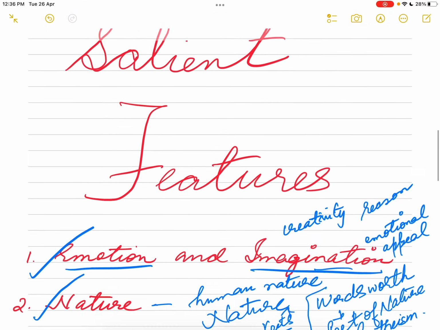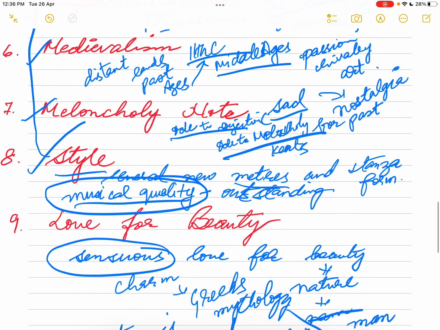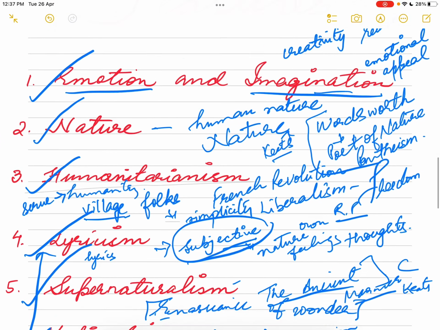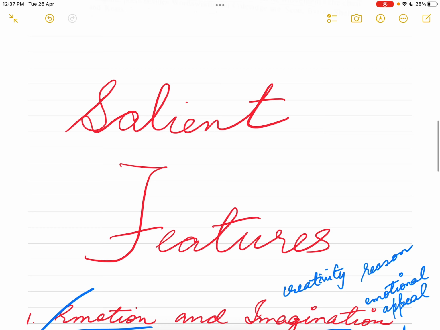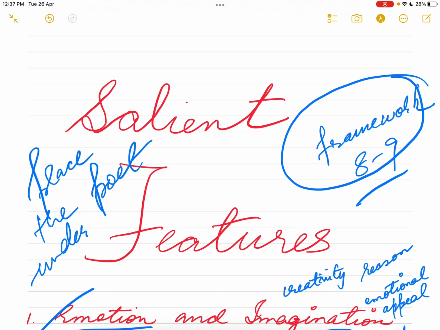Now, these 8 points, this too you can include in your answers, but our framework sets into these 9 or 8 points which are there, and in this framework you have to place the poet under study.